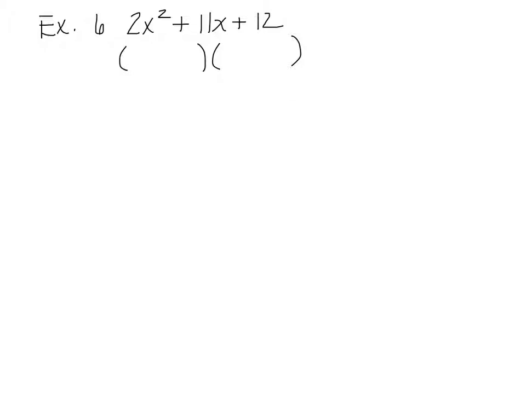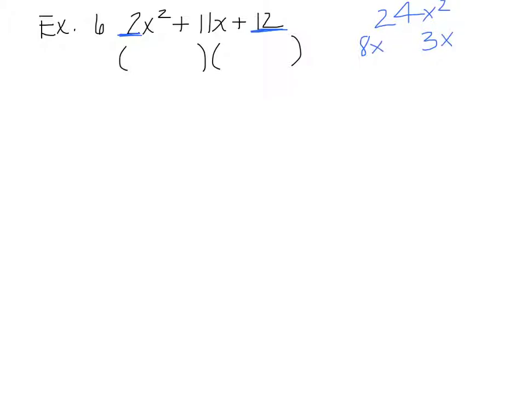And when you do grouping, you first have to multiply the first number and the last number, and we get 24. And we find two factors of 24 that add to give you 11, which would be 8 and 3. Actually, it would be 24x squared, so it would be 8x and 3x.